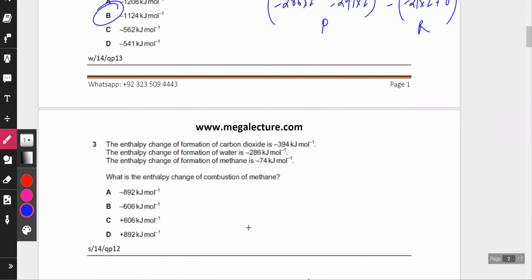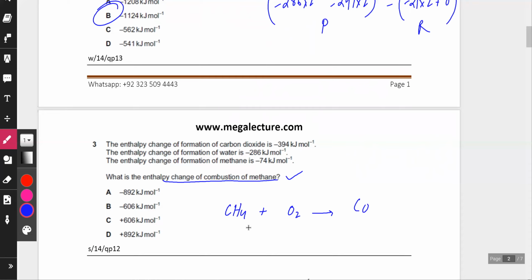Try and figure out the enthalpy change of combustion of methane. First, tell me what the equation is. Methane is CH4. So what's combustion of methane? Combustion is a reaction with what thing? It'll be with oxygen.